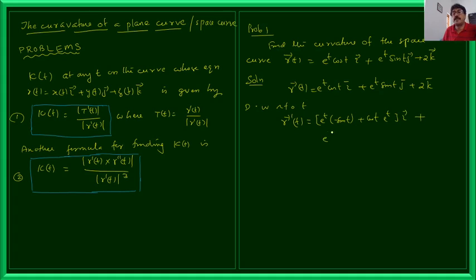Similarly, e raised to t cos t plus sin t into e raised to t, j, plus the derivative of 2, it is 0k. This is r dash t.